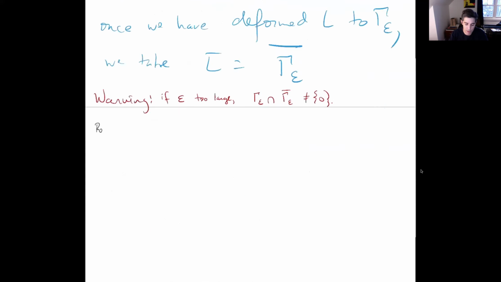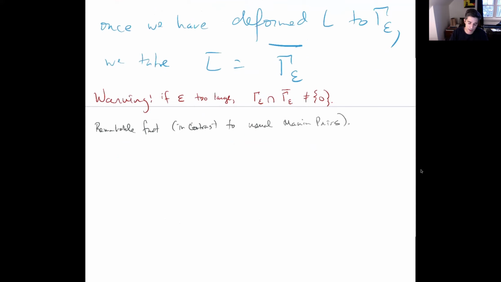So the remarkable fact, in contrast to the real category, the usual manifold case, is that this differential graded algebra is elliptic, meaning that this is an elliptic complex.